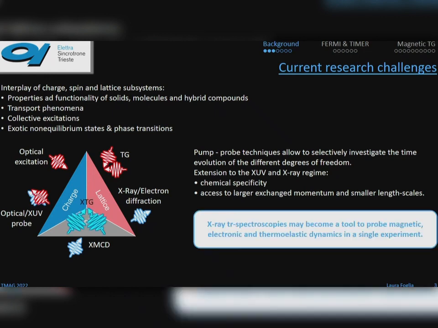So in particular, transient grating spectroscopy, as I will show you at the end of my talk, hopefully, is or may become a tool to probe magnetic, electronic, and lattice properties in the same experiment at the same time.